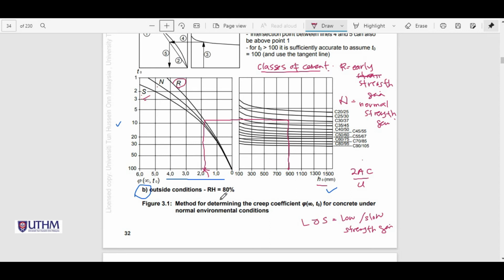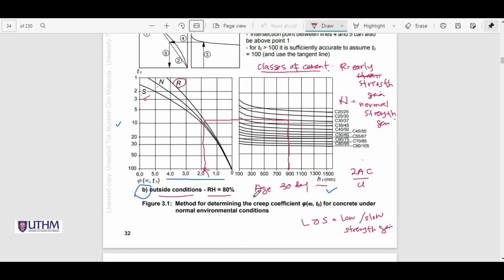And the details are we use the outside condition for the column in your case, and the relative humidity is 80%, and the age is 30 days. The concrete used for this example in your question is 25 Newton per millimeter square, grade 25.